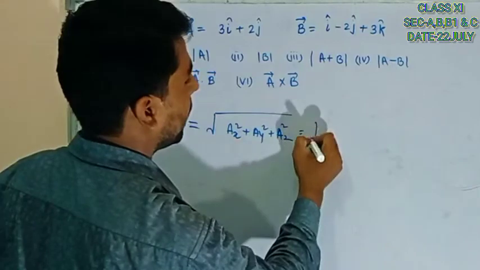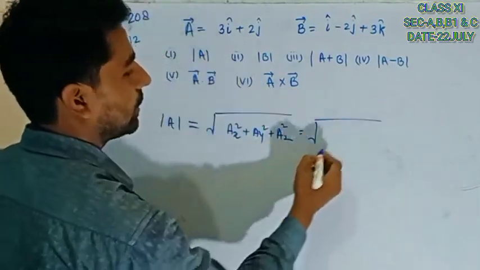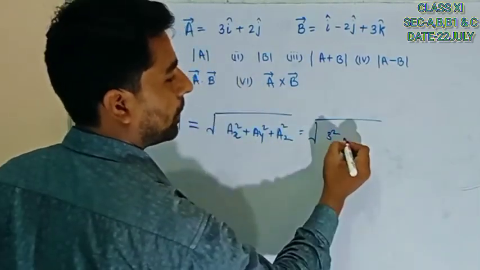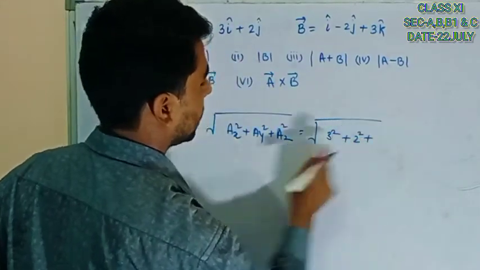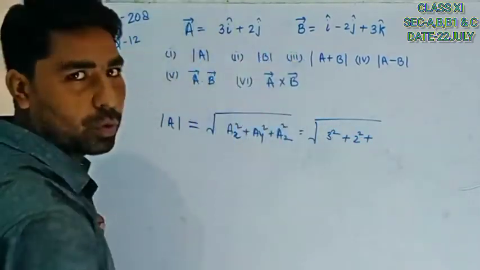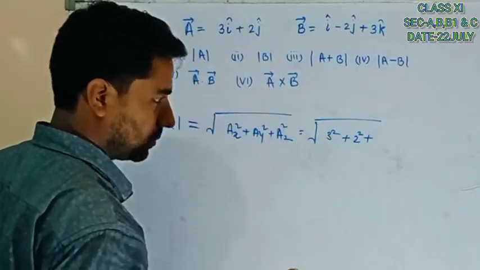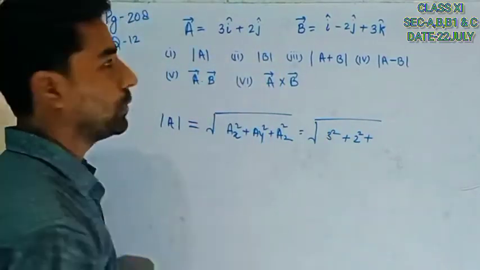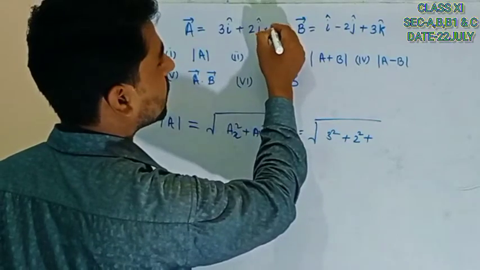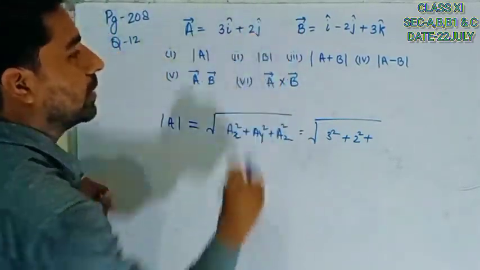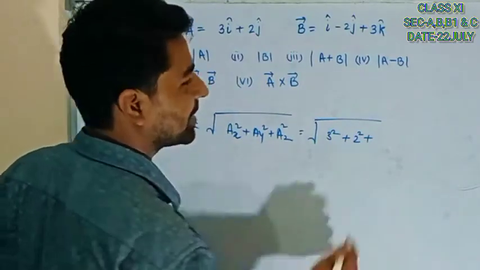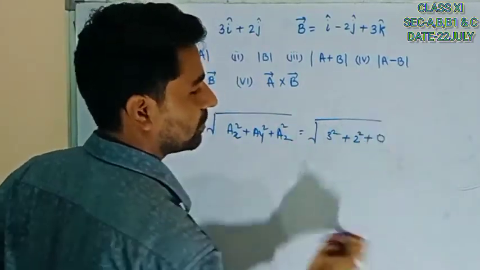So putting that under root, 3i, so 3 square, plus ay means 2j, 2 square, plus az means k. There is no k. So if you are comfortable, then write 0 directly. If you are not comfortable, you can put here plus 0k cap. But I am not going to write it. So this is 0 directly.